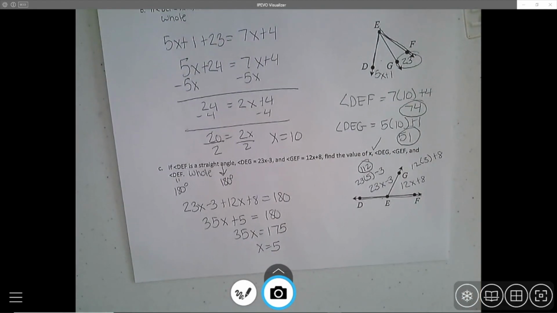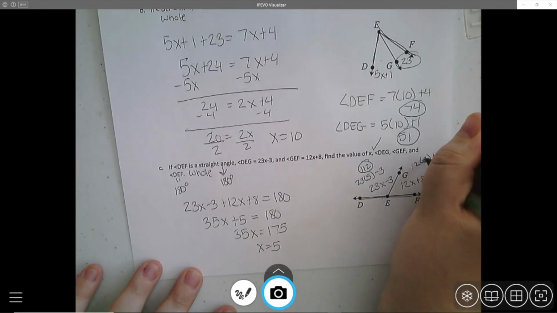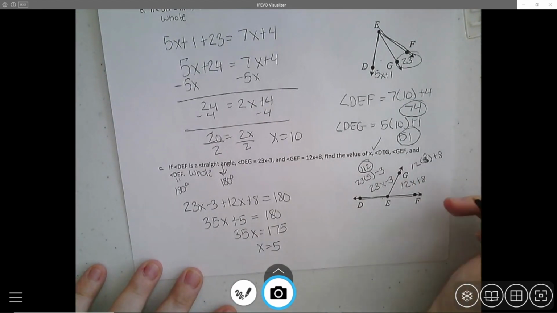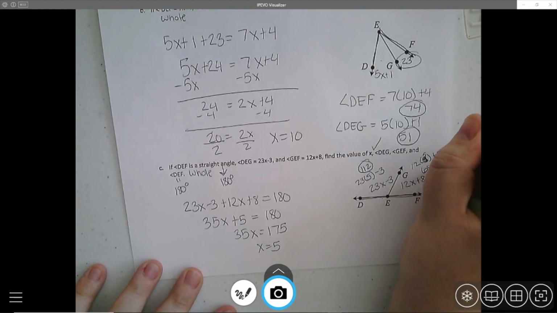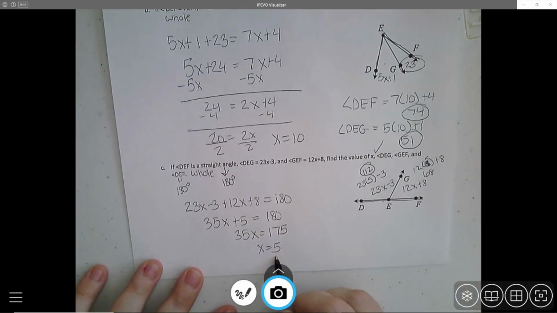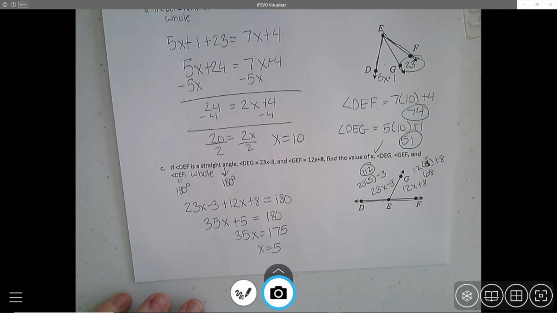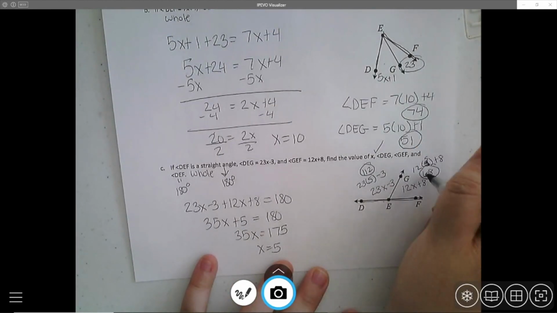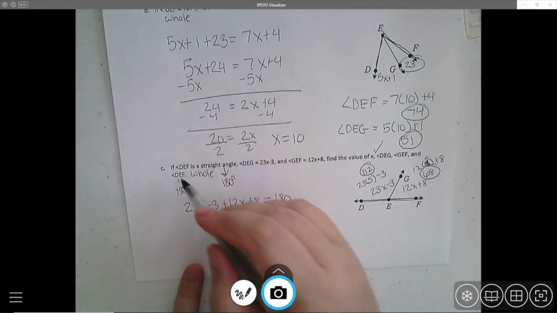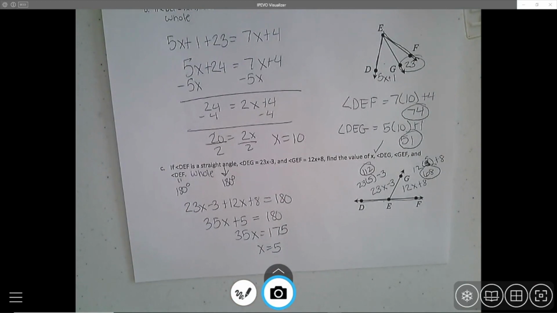My mistake, our x was 5, not 3. So 12 times 5 is 60, plus 8 makes it 68. So I have 68 and 112, and we know that DEF is 180.